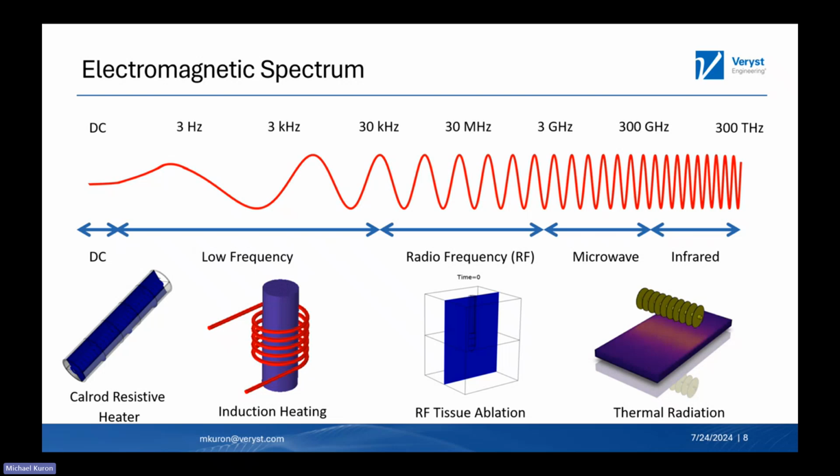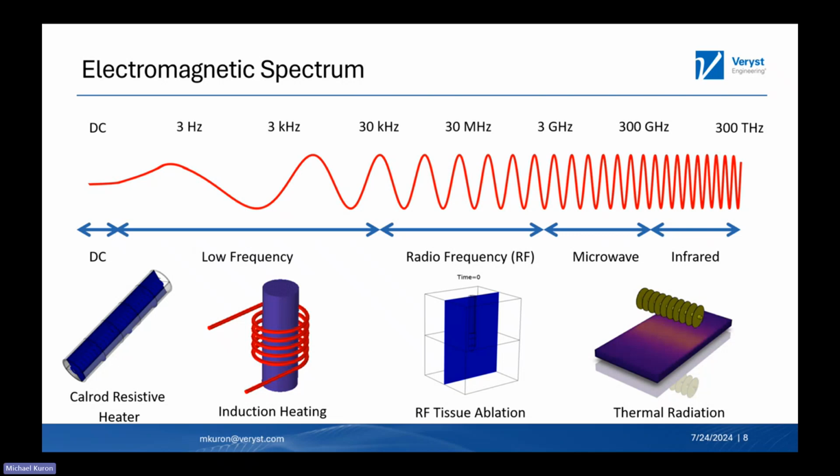And so in the low frequency portion, which is typically 30 kilohertz, maybe a little bit higher than that and down, we have typical devices such as induction heating, where in the example that we're showing here, we have a coil wrapped around a metal workpiece. And by applying an alternating current, we can induce a current on our workpiece through that time-varying field. Moving to the right, we move into the radio frequency domain, which is above the low frequency domain, but below the few gigahertz type spectrum frequencies.